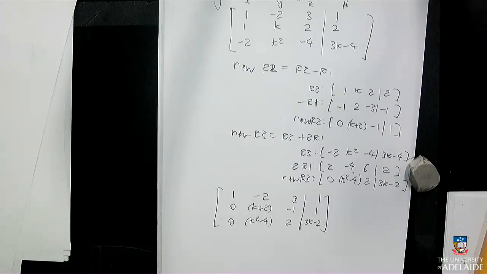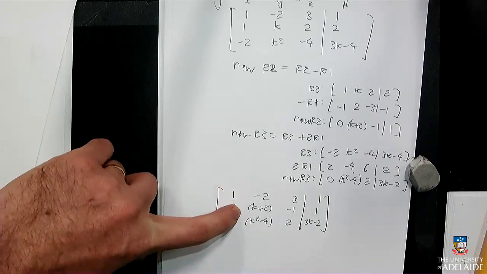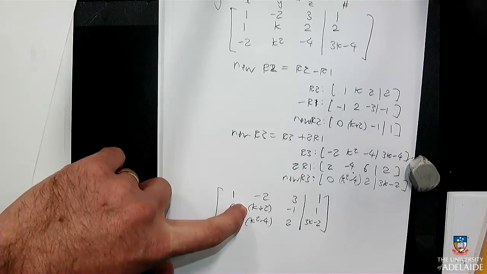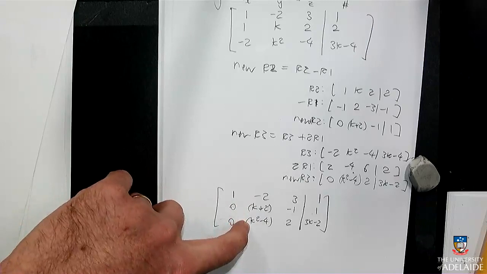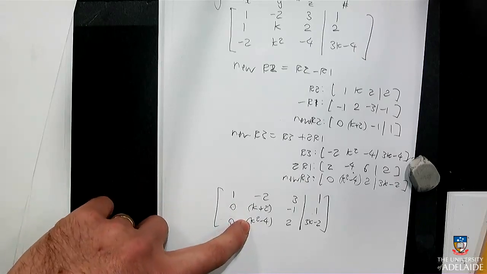Well, I suppose the next thing to do, if I'm just telling how many solutions there are, is to try and put a 0 here. Well, I could definitely get rid of the k squared. If I did k of k plus 2, that would give me k squared plus 2k, and then I'd be able to get rid of the k squared, definitely.